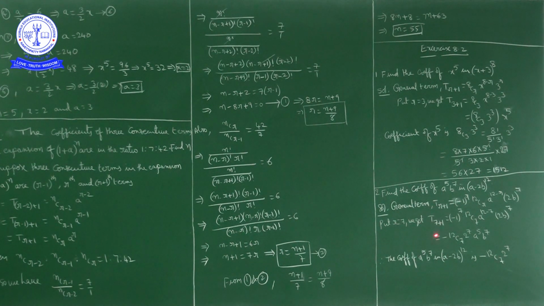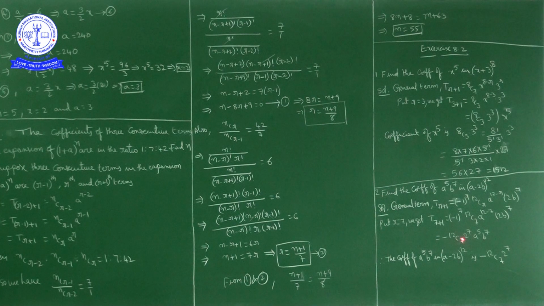To put r equal to 7, what we get? We get t 7 plus 1 is equal to minus 1 power 7 into 12c7 into a power 12 minus 7 into 2b power 7. So nothing but minus 1 power odd number is minus 12c7 into a power 5, here b power 7 and 2 power 7.